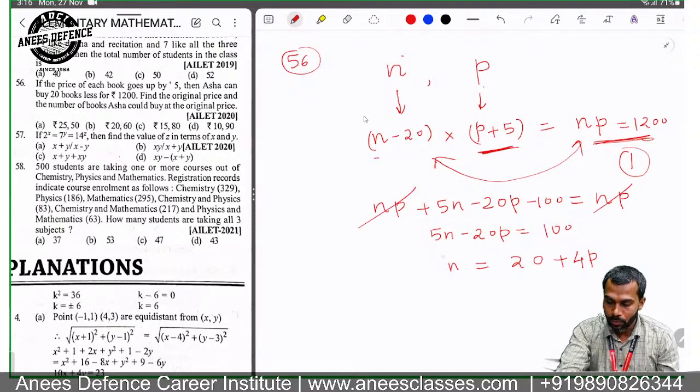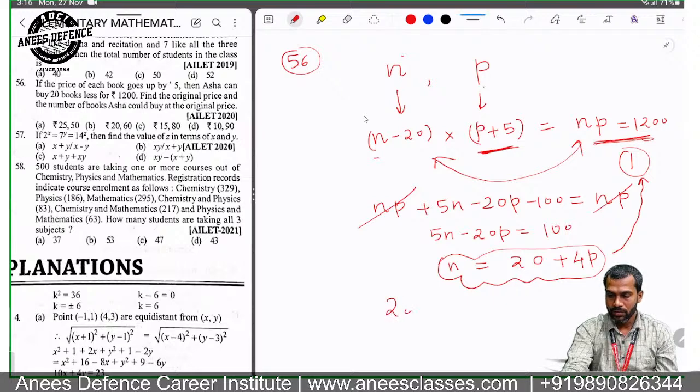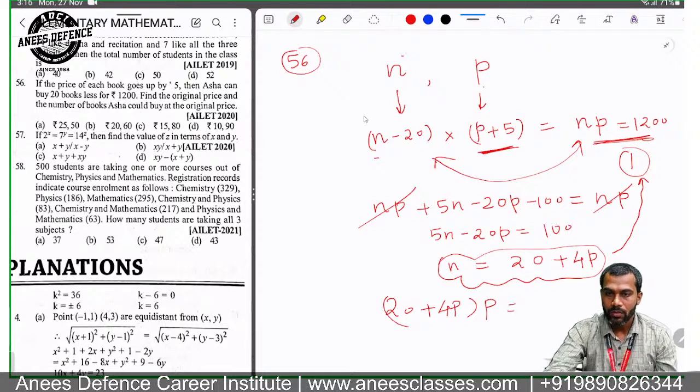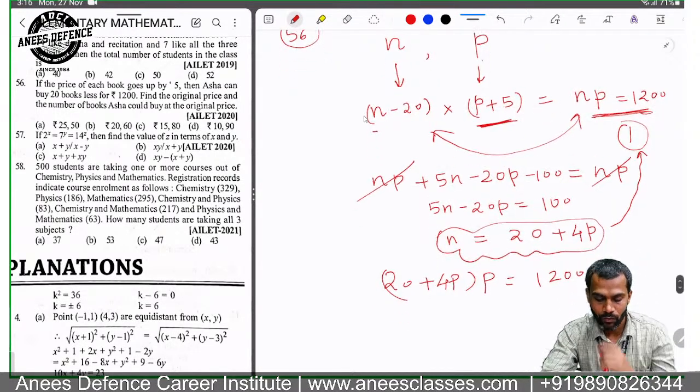Yes or no? Now put the value of N in the first equation. Yes or no? So what will we get? Tell me. 20 plus 4P into P is equal to 1200. Yes or no? Now what we need to do?